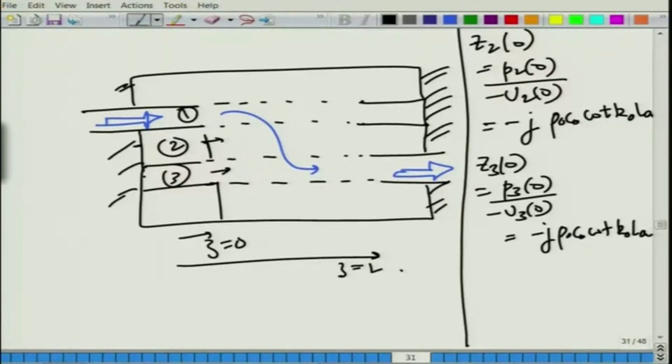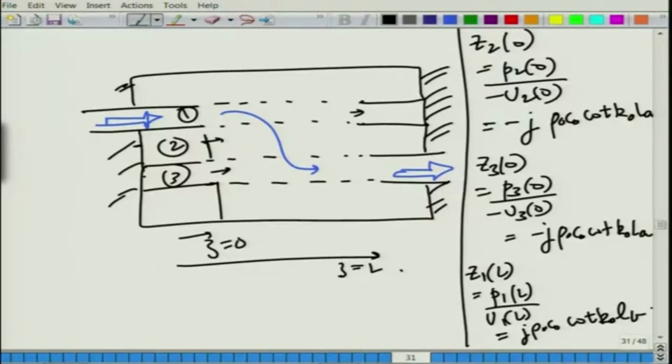Now, at this point this cavity is closed. So Z1 at L is equal to P1 at L by U1 at L, which is equal to j times rho naught c naught cot k naught L B. Now, we have really one more boundary condition, and that is at this point.